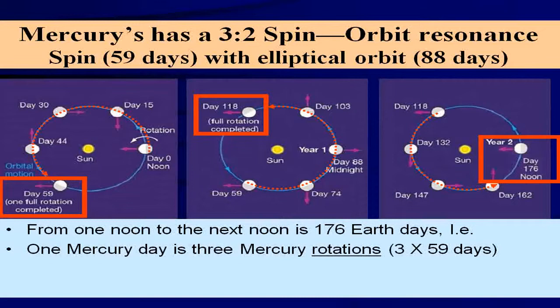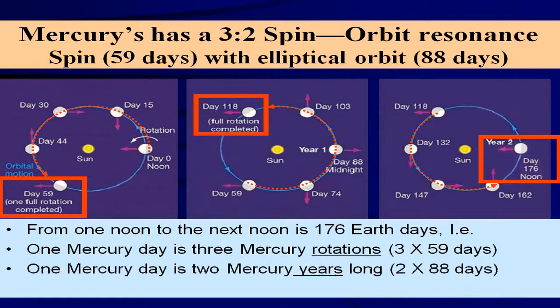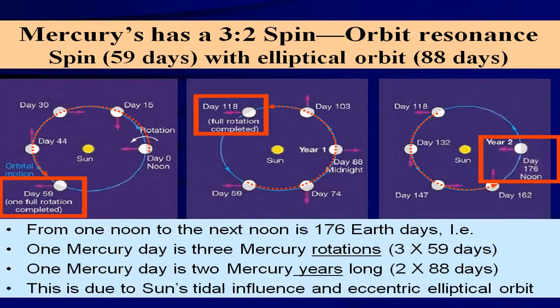So 1 Mercury day is 3 Mercury rotations and is equal to 2 Mercury years long. A Mercury day is longer than the Mercury year. In fact, it's 2 Mercury years, because the Mercury year is the time it takes to revolve around the Sun.